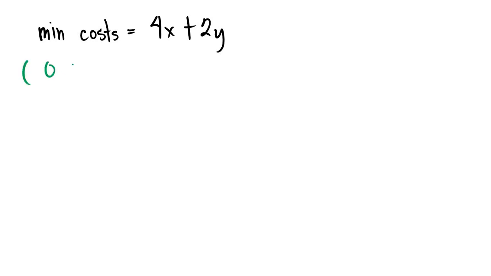If we could recall, our objective function is minimum cost equals 4x plus 2y. And our points are 0 and 2.5, the next one is 1 and 1, and 3 and 0.